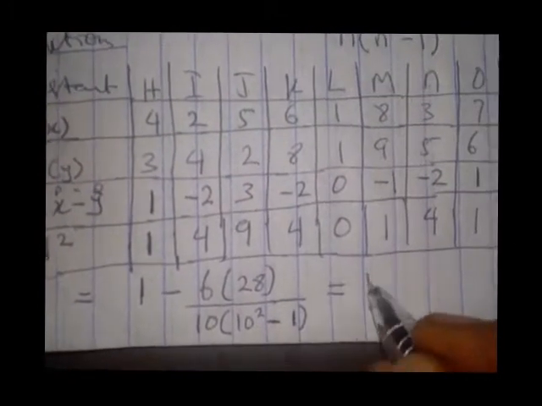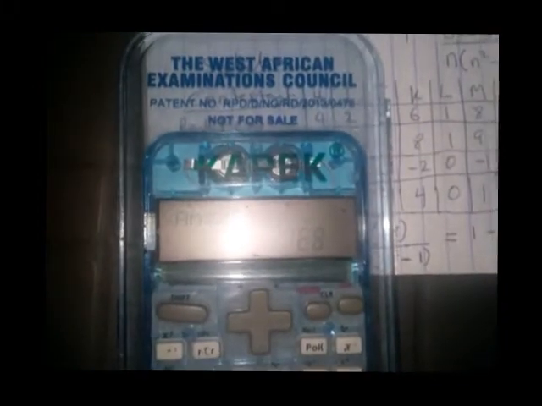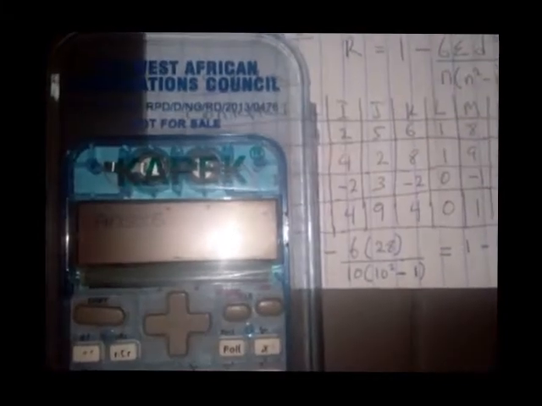Okay, so now this becomes 1 minus 6 multiplied by 28. So we have our 28 here already. Now 28 multiplied by 6 gives us 168.